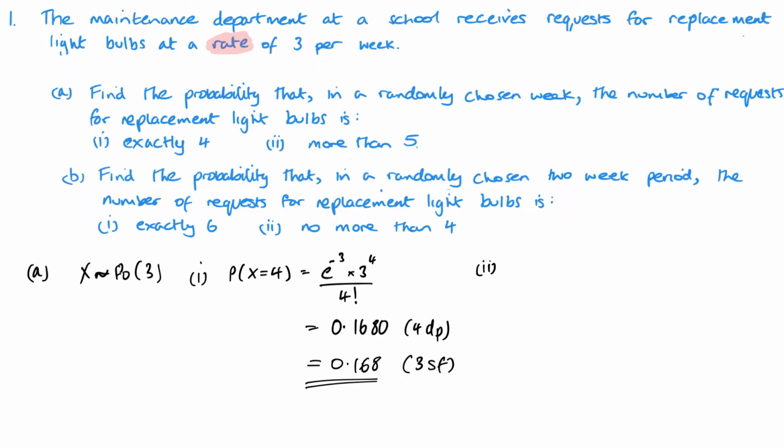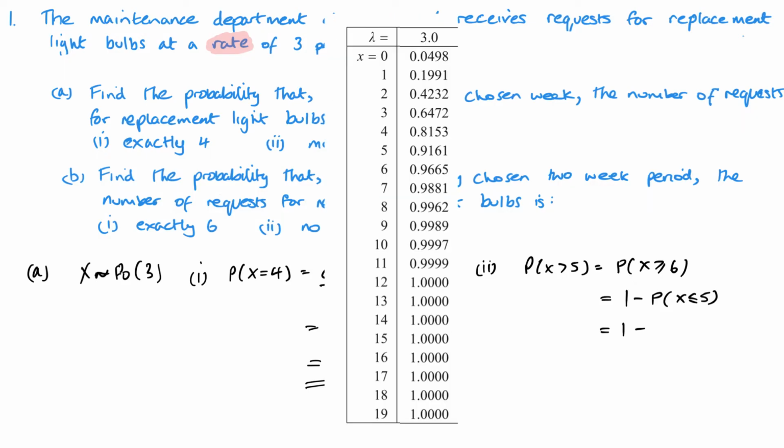Now, part 2 is more than 5. So probability when x is greater than 5. Remember, always make this equals. So that's greater than or equal to 6, which means we want 1 minus the probability that x is less than or equal to 5. So 1 minus, and then head into my tables. Just going to block the screen with it here a second.